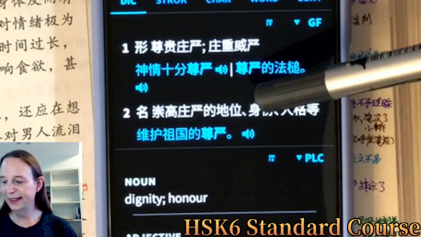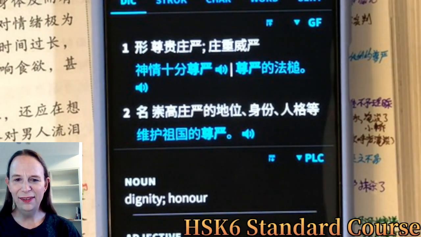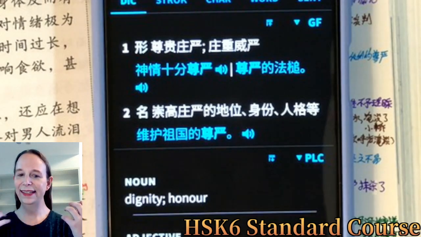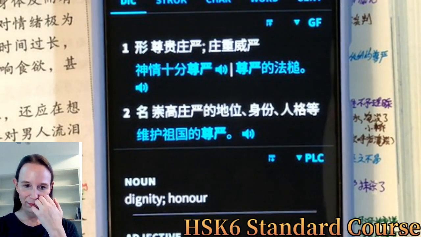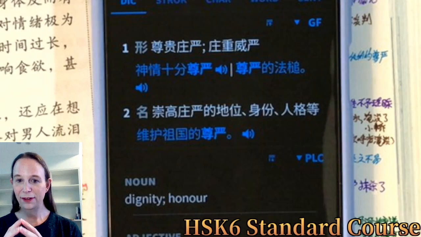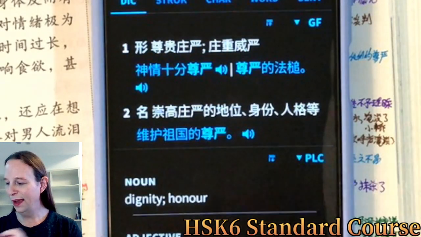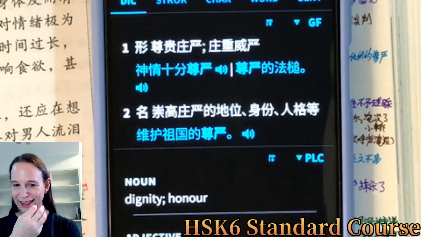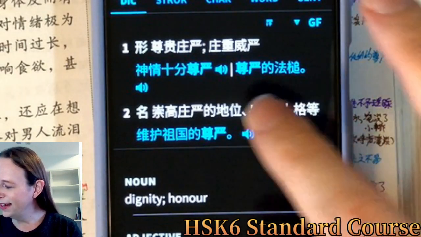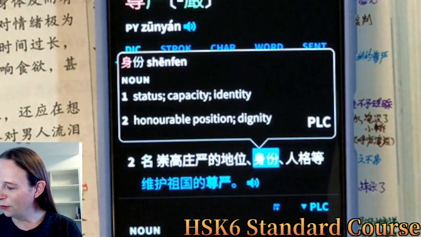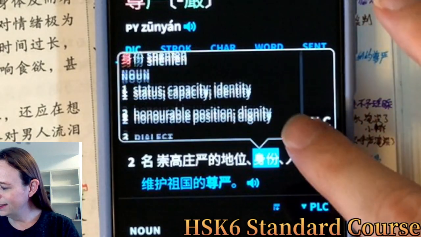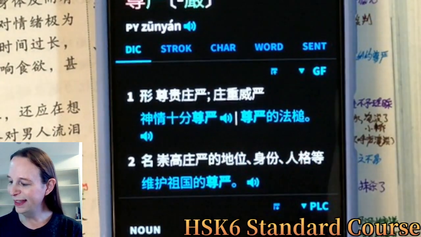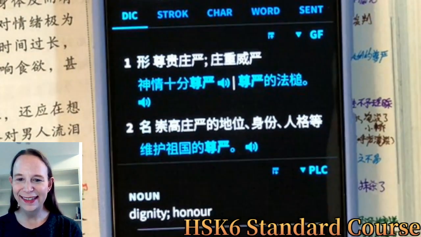So status, 身份 is your kind of like identity, but identity in the sense of like, how would you say, 身份, like who you are as a person. I'll just stick with identity for now, unless honorable position, dignity, status. Yeah, kind of statusy.